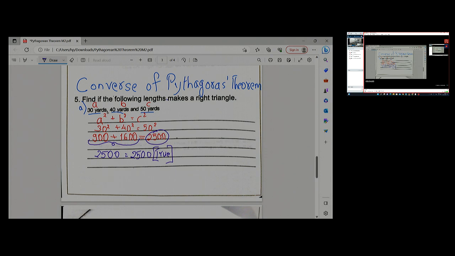If A square plus B square is equal to C square is true, then yes, we have 30 yard, 40 yard, and 50 yard can make a right triangle.